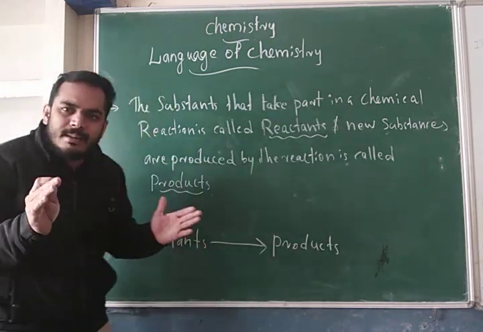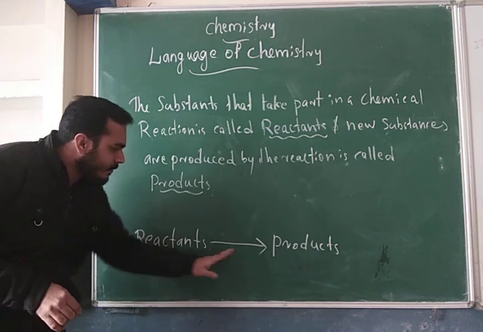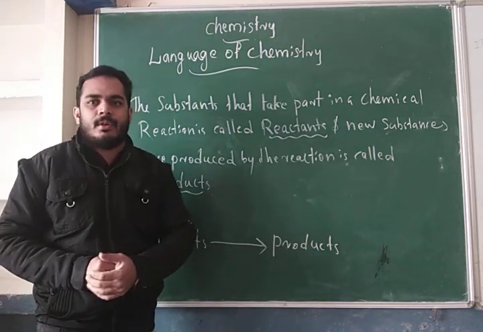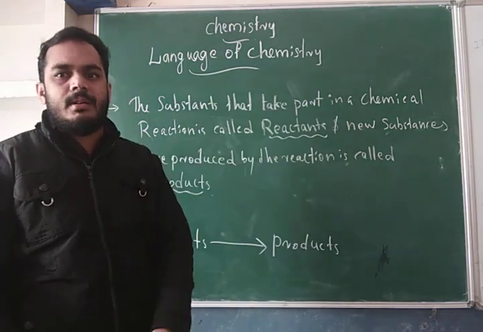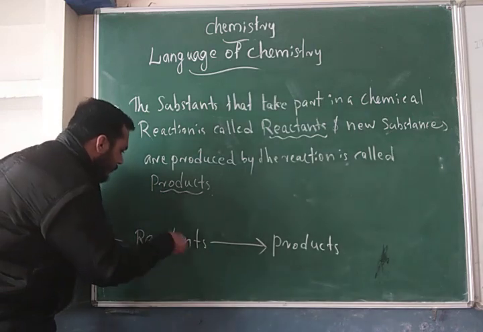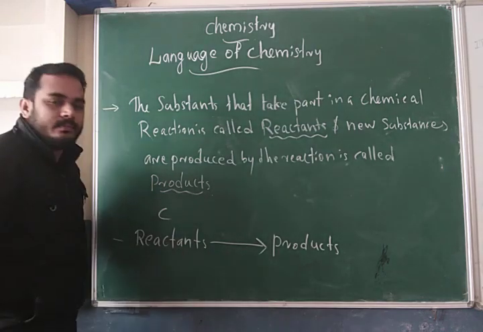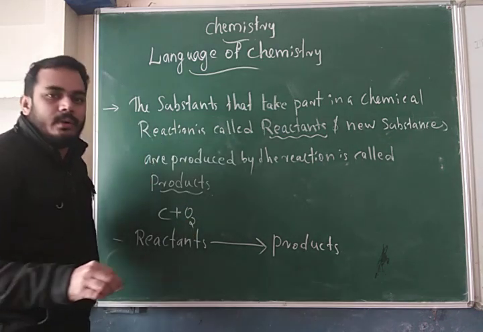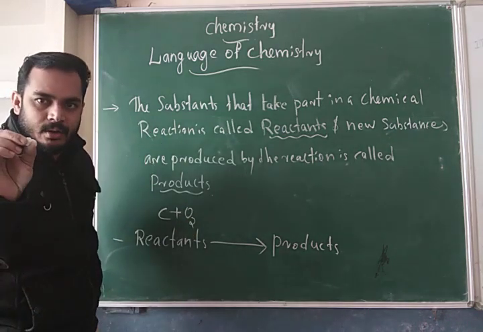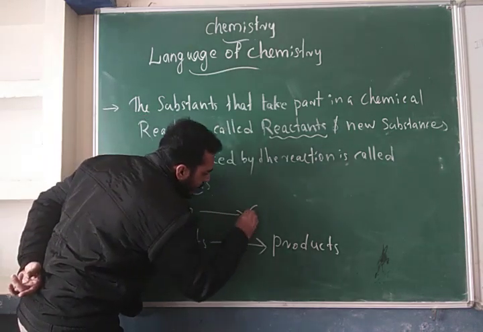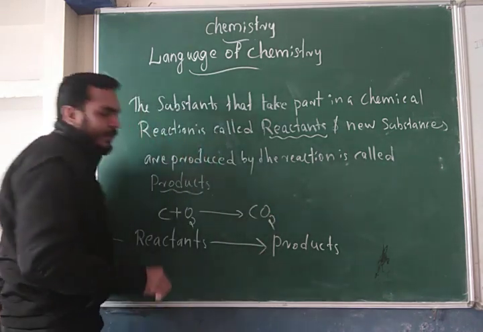So we can simply write it like this: reactants of the reaction form the products. I will give you the best example for this: carbon and diatomic oxygen, O2. Both combine together to form carbon dioxide.